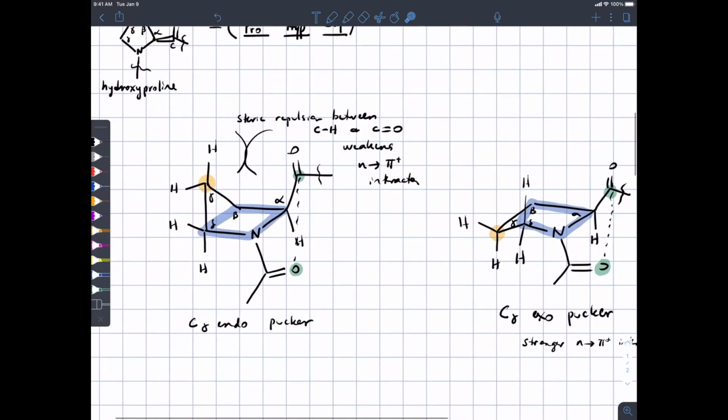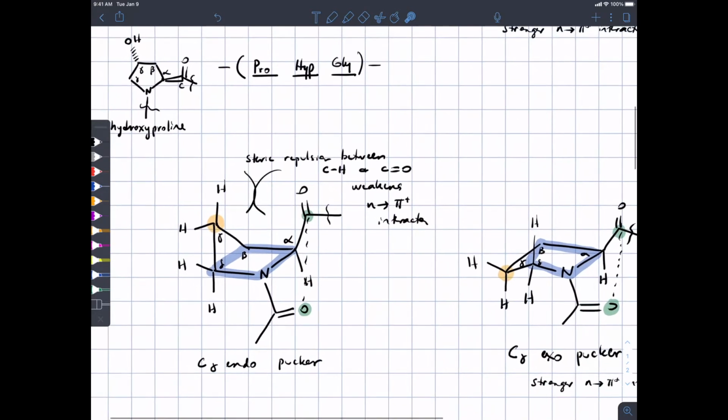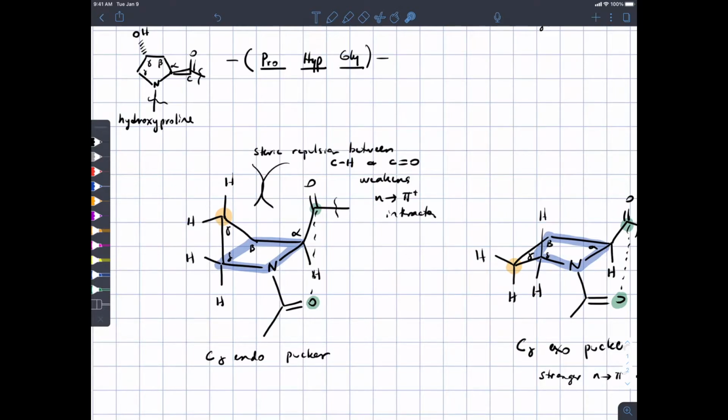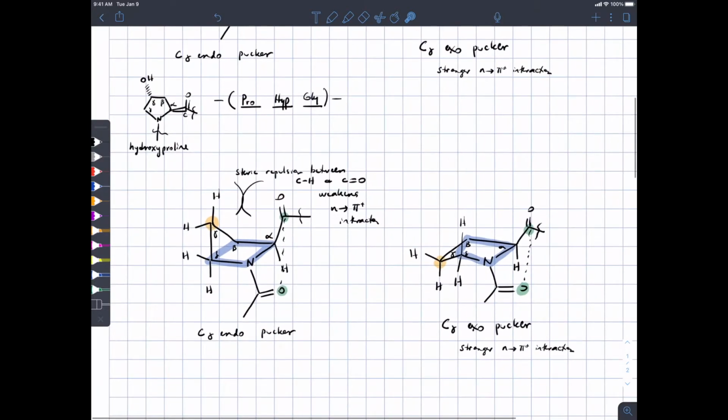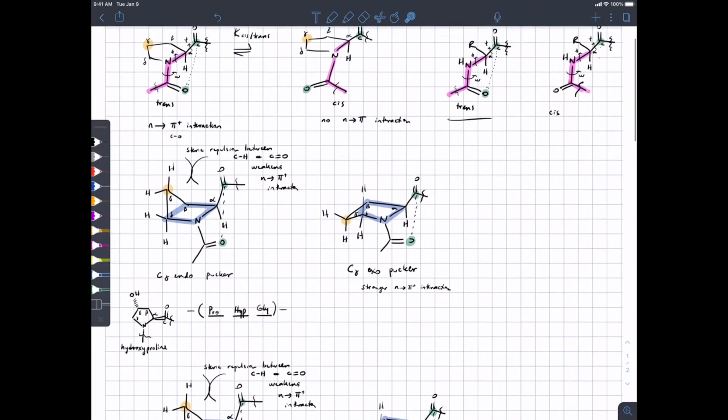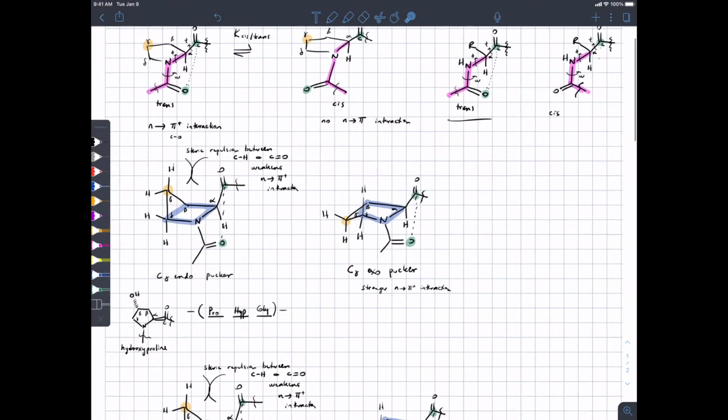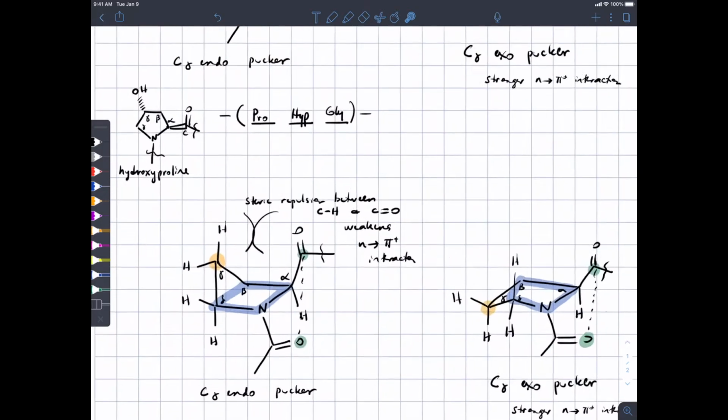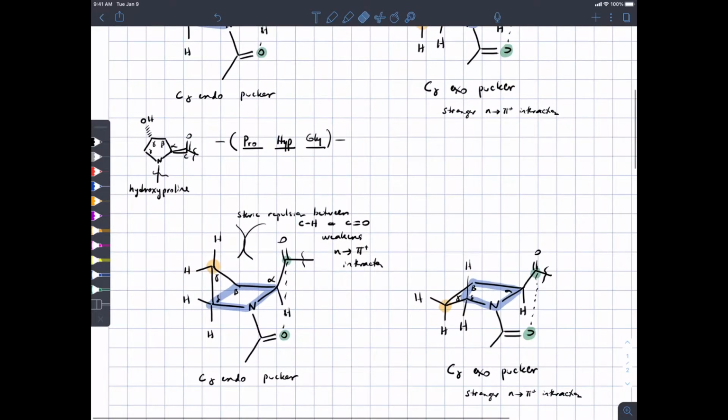So the Raines group asked, well, is it possible that having that OH group there on that delta carbon influences whether we adopt the endo versus exo pucker, and in turn influences the strength of the n to pi star interaction? So let's just modify our drawing for proline.